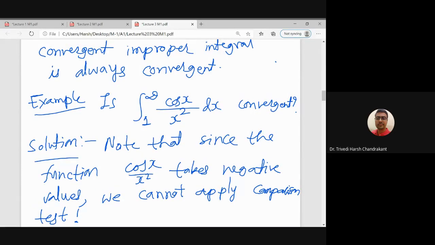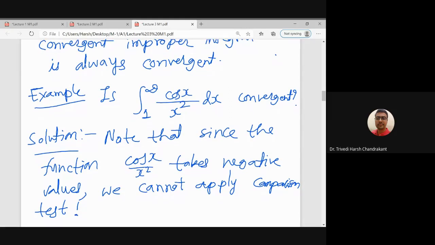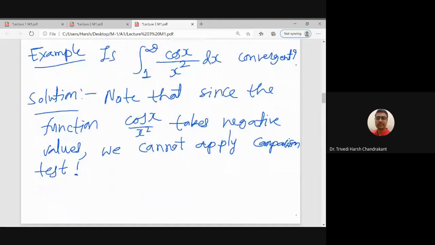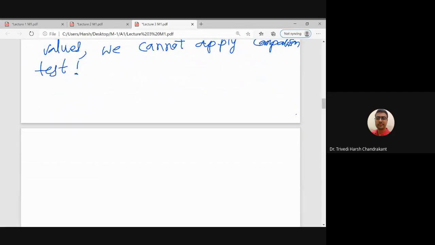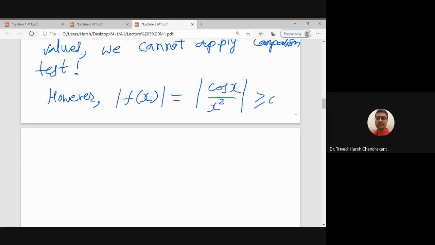So let us see if this integral converges absolutely. If it converges absolutely, we will conclude by the theorem which we stated that it also converges. For absolute convergence, we have to take the modulus of the given function, that is modulus of cos x divided by x square. The modulus is anyway non-negative for all x in the given interval.